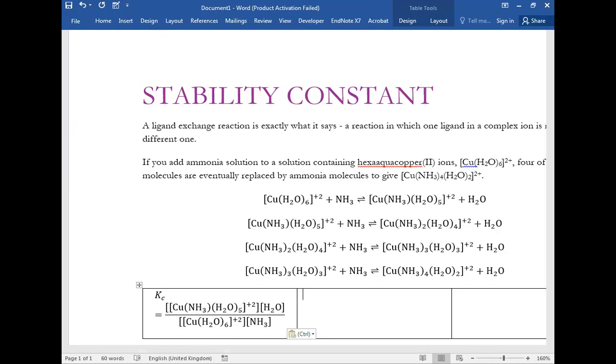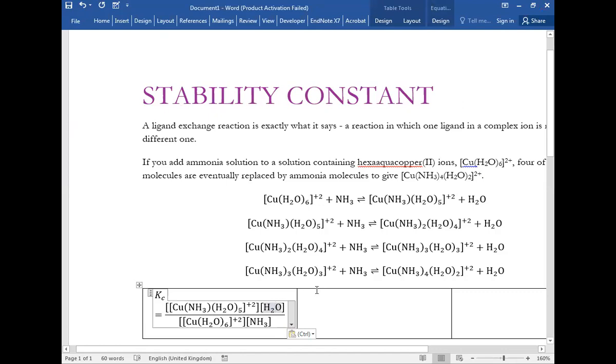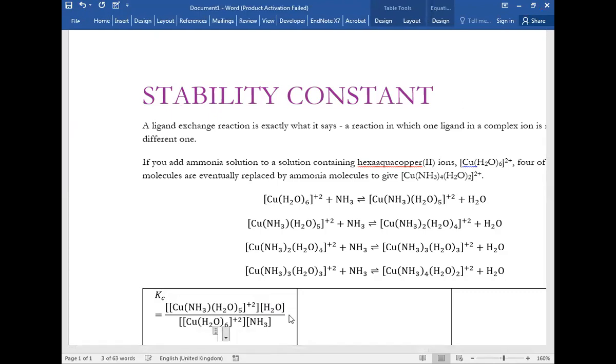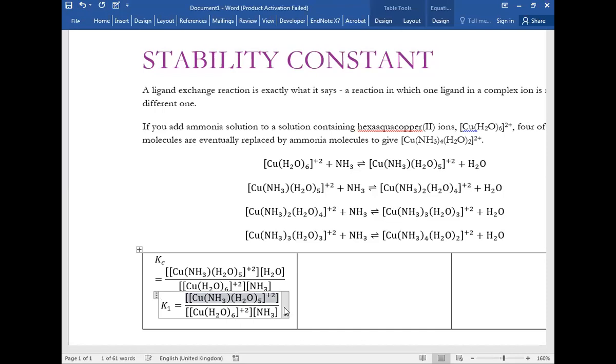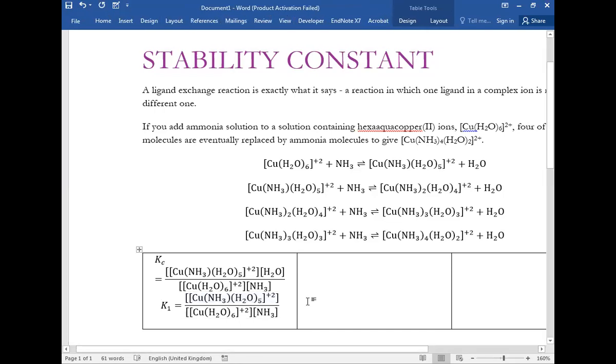We just divide by the concentration of water on the other side, and we are left with another constant which we call K1 for now. This is the equilibrium constant for the first step of the ligand exchange. Then you can find the one for the next step, and the next.